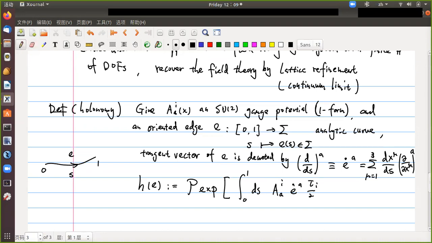Well, it is just the connection one form integrated along the curve.